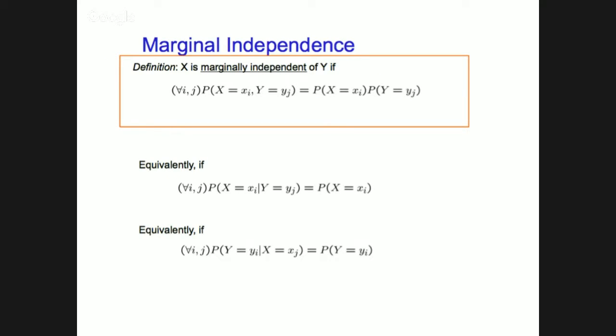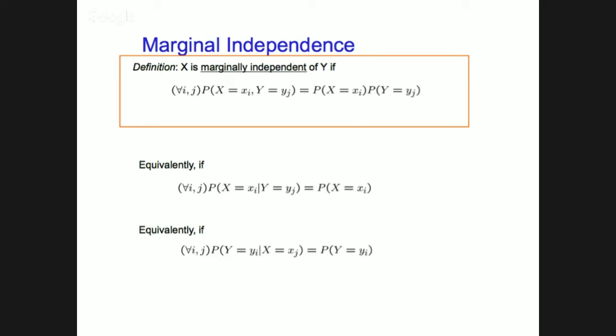So there's another term that's known as marginal independence. It's slightly different from the conditional independence term. When x is marginally independent of y, this means that the probabilities of x and y do not affect one another, and the joint distribution for x and y can be expressed as the product of the two probabilities.